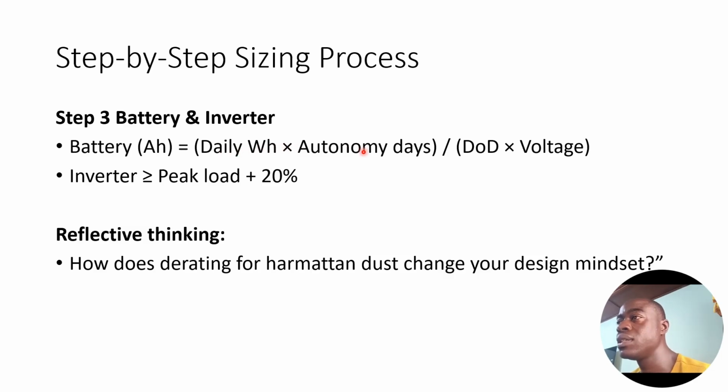Autonomous days means if, for example, you have two continuous cloudy days, you want to have power in reserve to run for 2 days if there is no sunshine. So your daily capacity, the same figure from the previous slide, times the number of autonomous days, is divided by the depth of discharge of your battery and then the battery voltage, and that gives you the battery capacity you need.